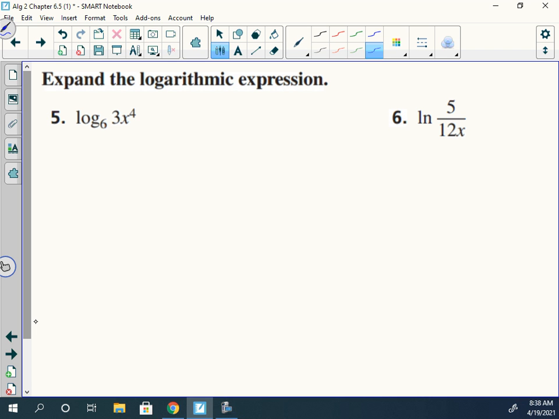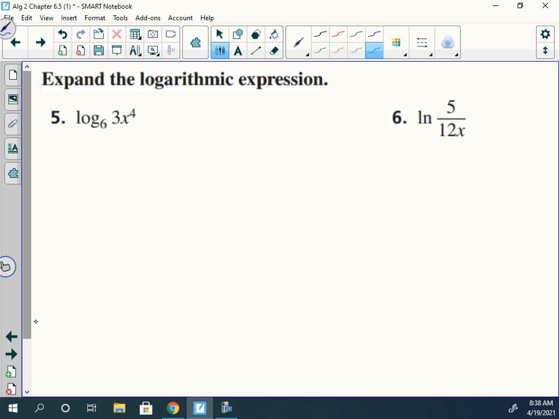I would put it in front if it was being applied to the 3 and x. Because if we had log base 6 of the quantity in parentheses 3x to the 4th power, then I would do the 4 first because it's affecting both the 3 and the x. Now because this here, it's only affecting the x, we want to split them apart first.